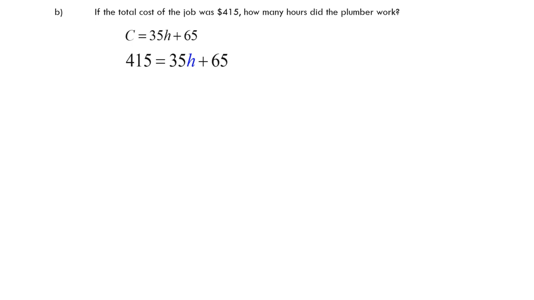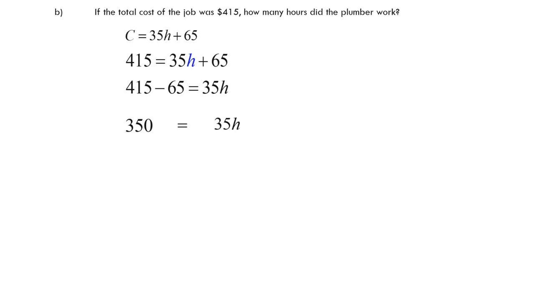Okay, now we have to solve for h. Collecting the like terms, the positive 65 on the right of the equation becomes a negative 65 on the other. And then we have 350 equals 35h.